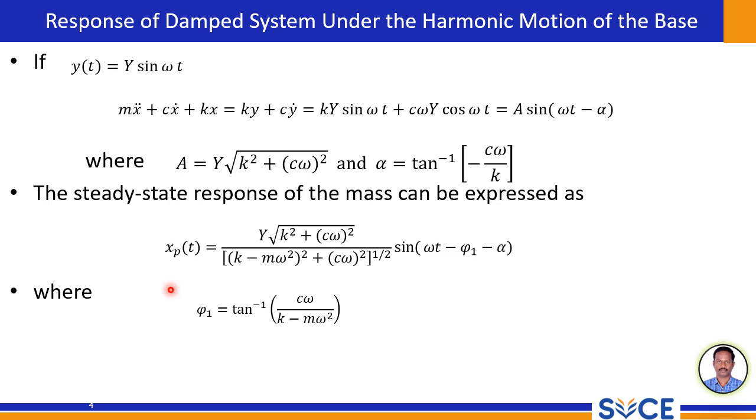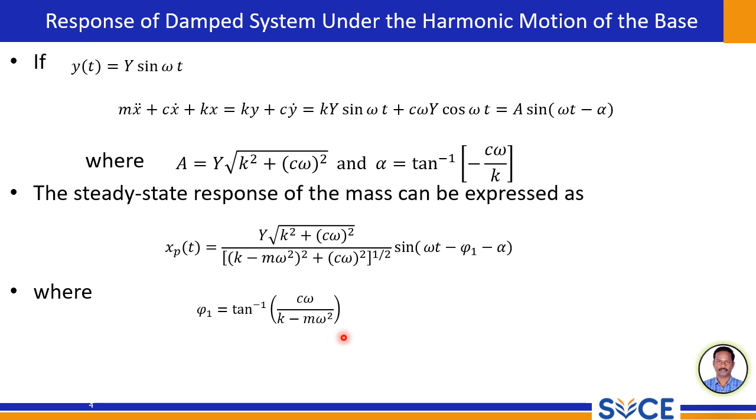This represents the long-term behavior of the mass after any transient effects have died out. Through further mathematical derivation, we arrive at this expression. Here, psi is another phase angle given by the arctangent over k minus m omega squared. This phase angle accounts for the difference in phase between the forcing function and the response of the mass.